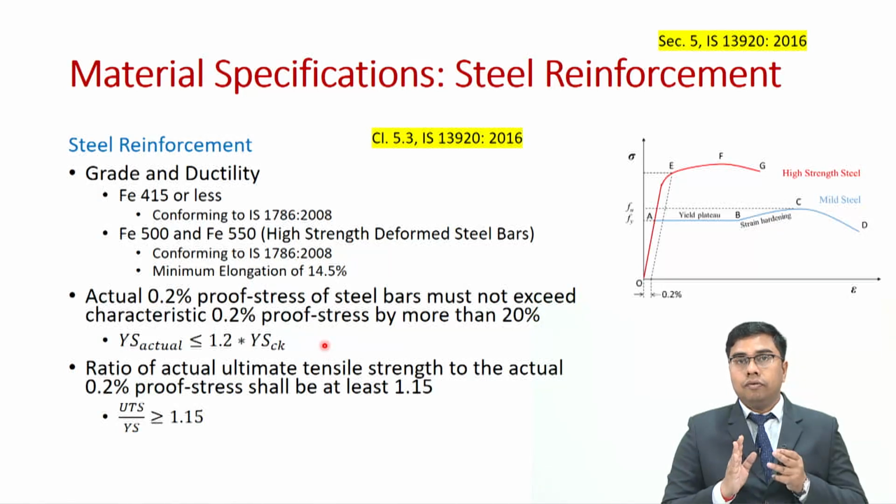Because if its actual proof stress value is very high, then in that case the ultimate moment carrying capacity of the beam in which this steel is used will further increase.